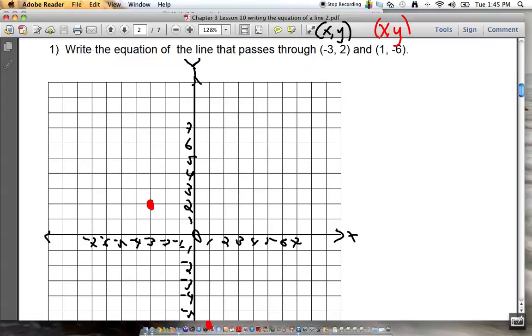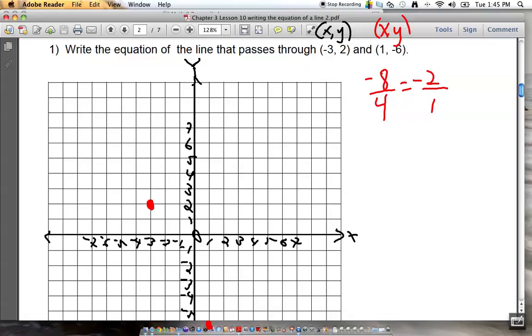So now I have to count from this red dot to this red dot. And let's count that, right? 1, 2, 3, 4, 5, 6, 7, 8 down. 1, 2, 3, 4 over. So if I'm down 8 over 4, what does that simplify to? -2 over 1. Very good.